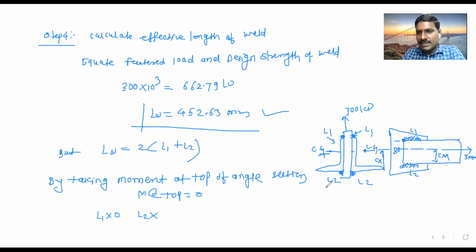So this depth is 80. Is L2 into 80 clockwise or anti-clockwise towards the top? Clockwise. It means this is positive.